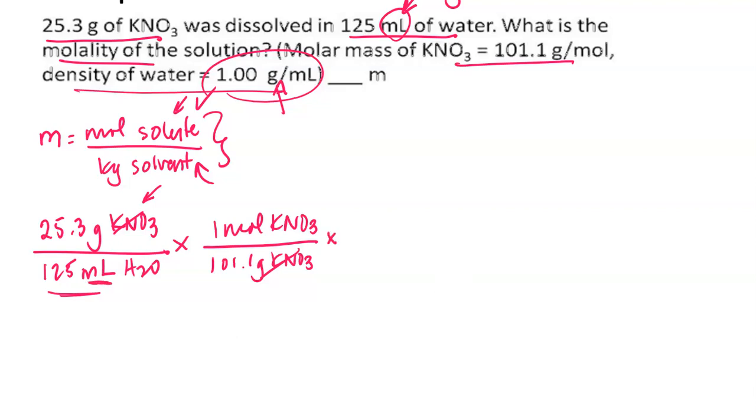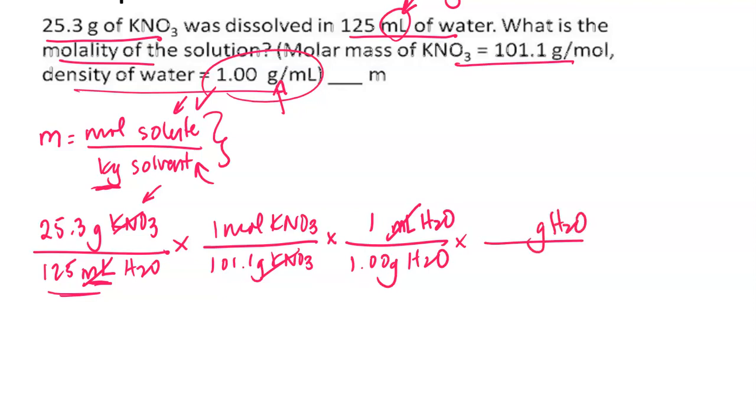Since I have milliliters in my denominator here, as I work towards converting that volume of water to mass, that means I need milliliters of water in my numerator in this conversion factor so that my milliliters will cancel accordingly. And I know that there's 1 milliliter for every 1 gram of water. Now, I'm not quite there yet because, again, I need to be in units of kilograms, so I have to do one more conversion to go from grams of water to kilograms of water.